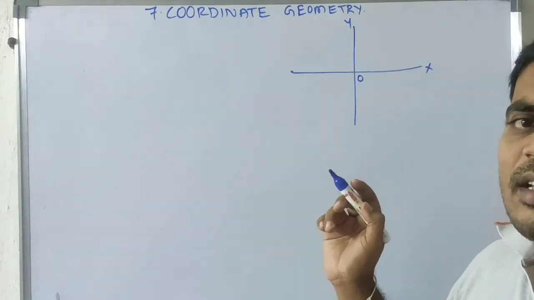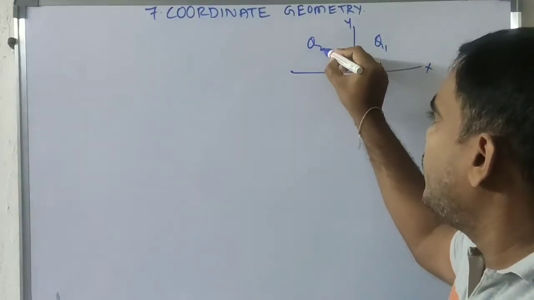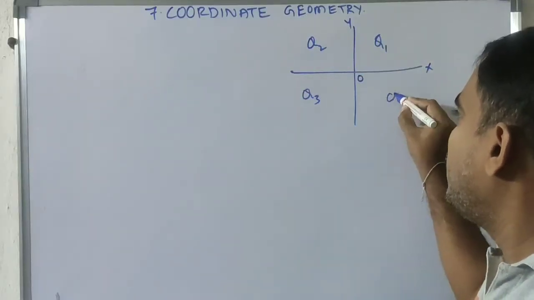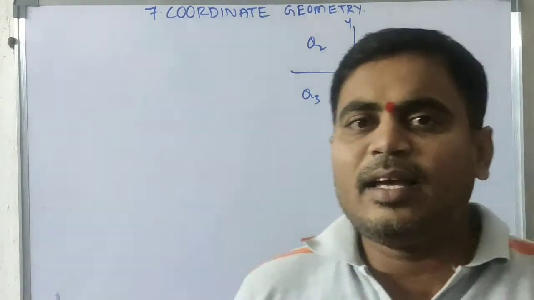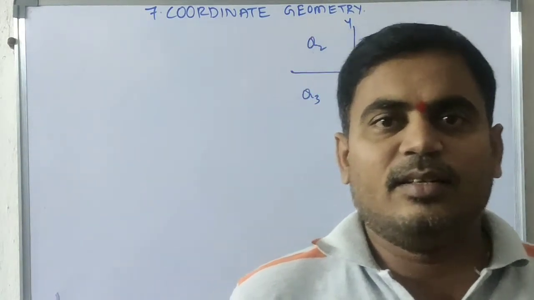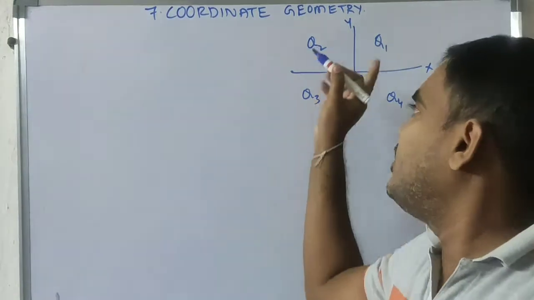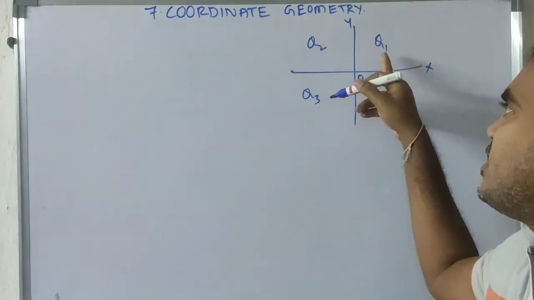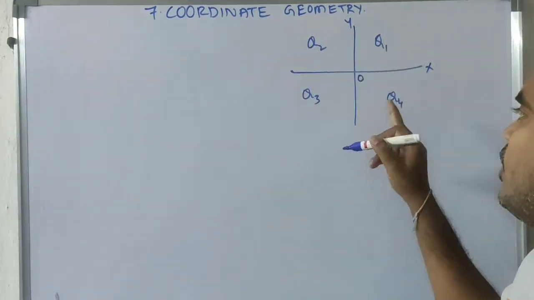These four equal parts are called quadrants: Q1, Q2, Q3, Q4. Since we are measuring the angle in the anti-clockwise direction, the quadrants are also numbered like this: anti-clockwise, Q1, Q2, Q3, Q4.